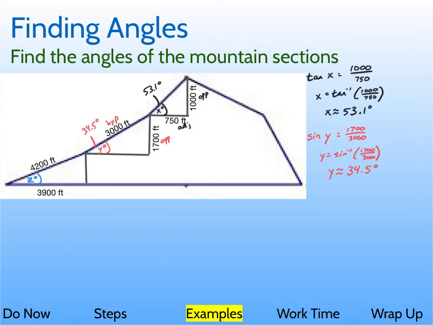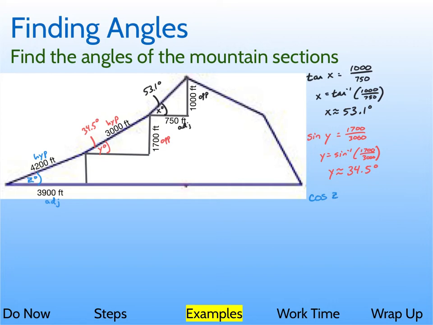And finally, the last one, which should be the lowest angle, just looking at the picture generally and thinking about this, is angle z. So from angle z, we have a hypotenuse of 4200. We have an adjacent of 3900. So the one that uses adjacent and hypotenuse, of course, is cosine.